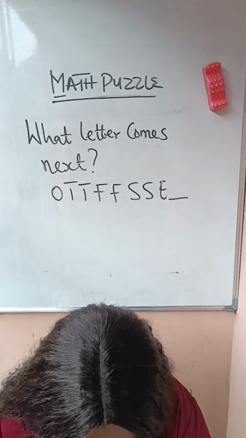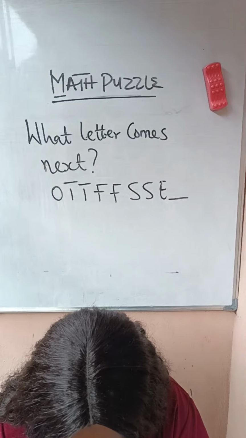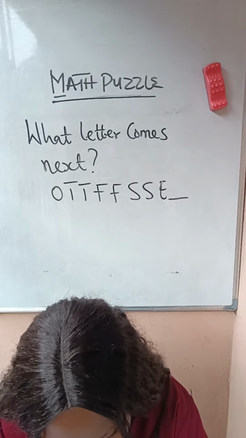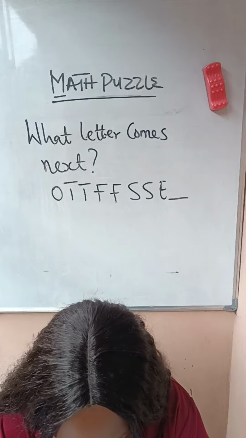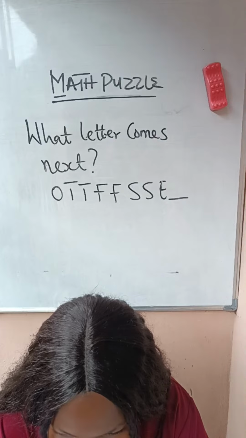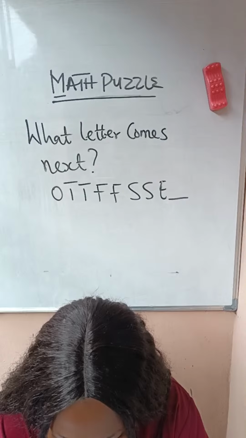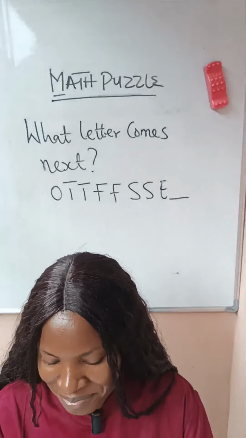So I'm trying to pick. Okay, now Cappy says E. What letter comes next? This is actually a math puzzle, remember. Don't you think this is somehow related to mathematics? I'm just giving you an insight, don't mind me.